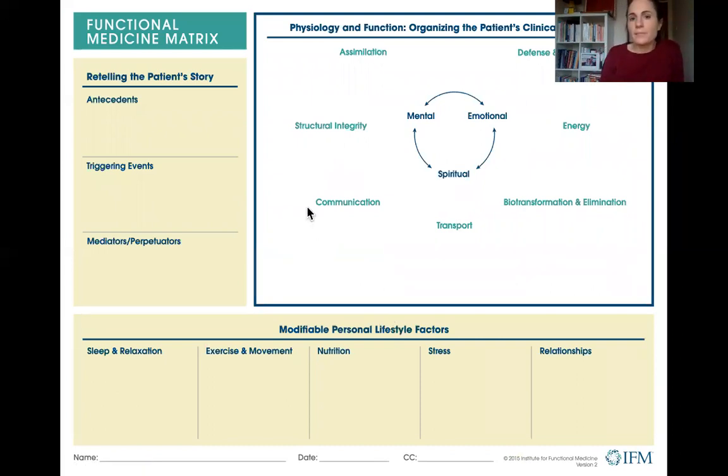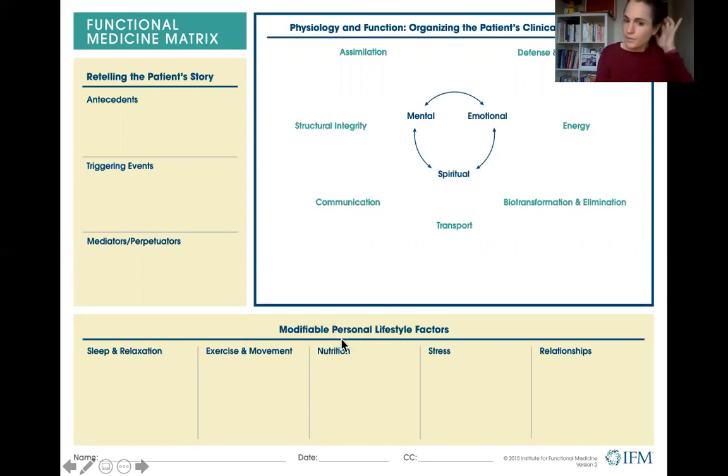What IFM do is organize disordered physiology into assimilation imbalances, communication imbalances, defense and repair, which is like the immune system, energy imbalances, biotransformation and elimination, transport, and structural integrity. And they look at how all of these imbalances interact with one another and contribute to health concerns and signs and symptoms.